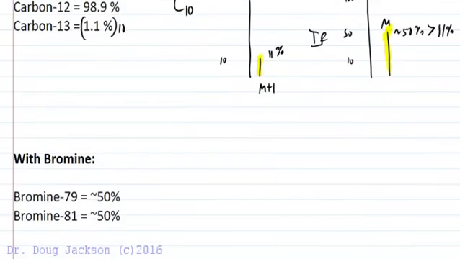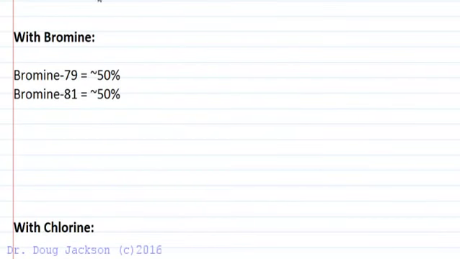Okay. With bromine, it's a lot easier to see, because bromine-79 is about 50% of all bromine. It's not exactly 50%, but it's close. And what we're going to see is a ratio of bromine-79 to bromine-81 of about 1 to 1.